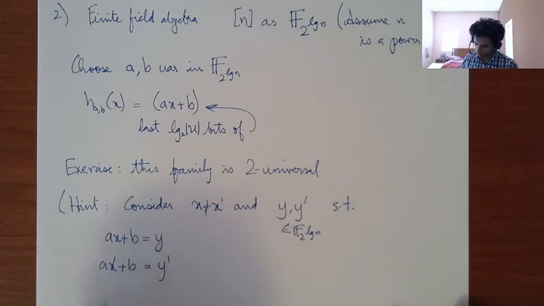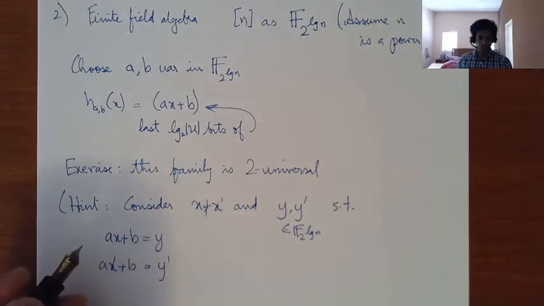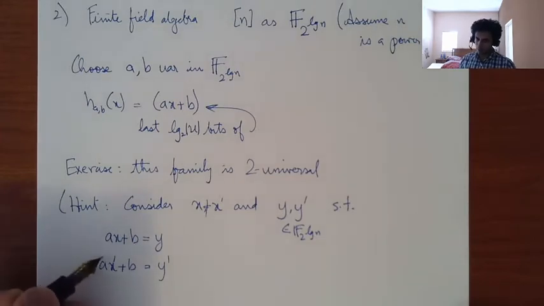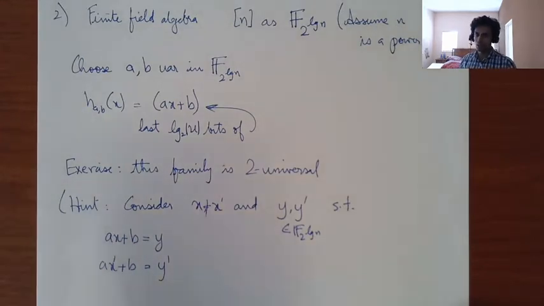So this is sort of the event that you're looking at when you're discussing 2 universality. And this will happen if a and b are chosen to simultaneously satisfy these equations.